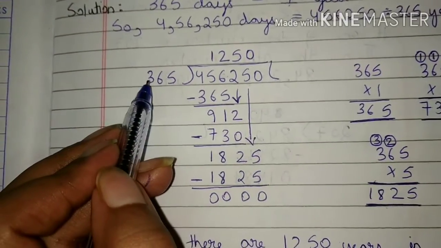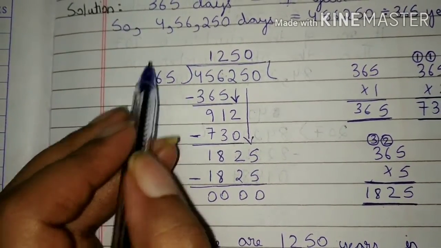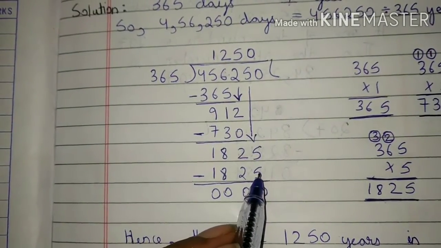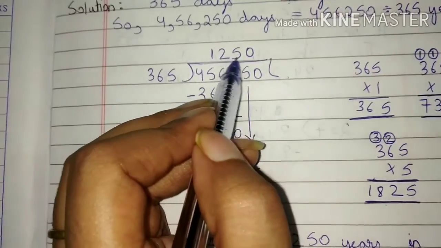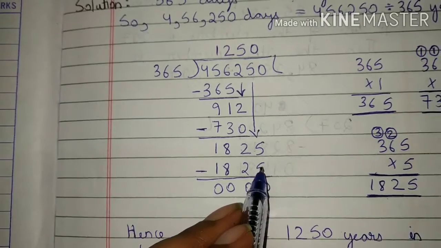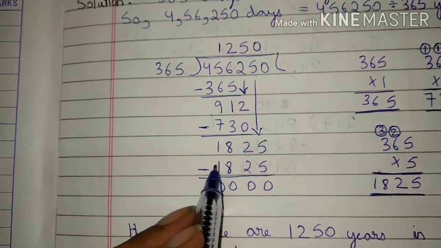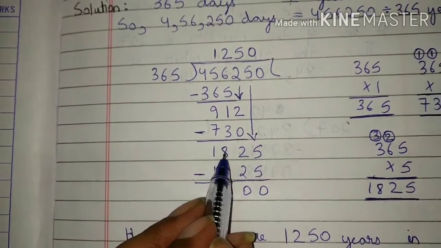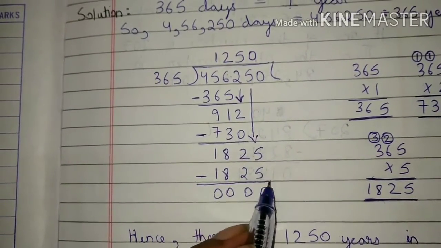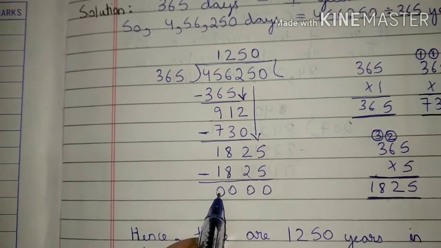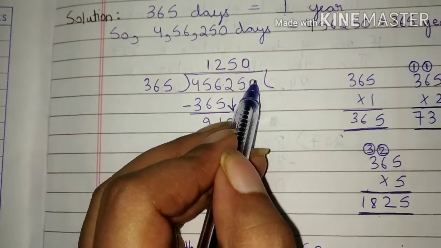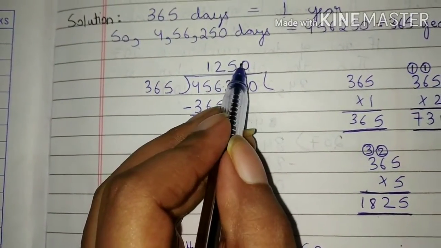So we will consider 365 into 5 is 1825. Students, we will write 5 here and we will write 1825 here. Now we will subtract these two numbers. 1825 minus 1825 will give 0. Students, here 0 is written. So we will write 0 here.